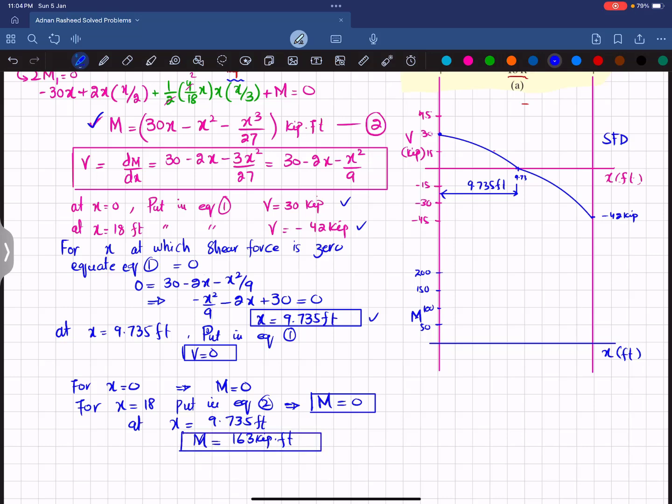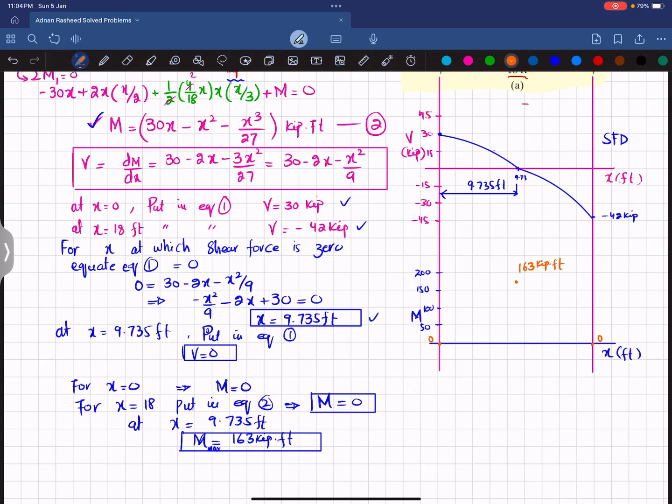Why is this maximum? Because at the point where shear force is equal to 0, you get the maximum bending moment. Plotting these points: at x is equal to 0, the moment is 0; at x is equal to 18 feet, the moment is 0; and at x is equal to 9.735, the moment is 163 kips into feet.